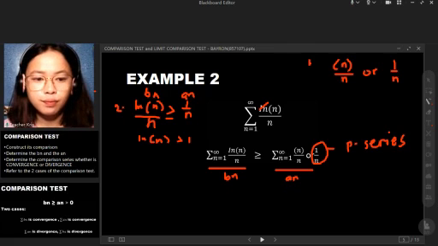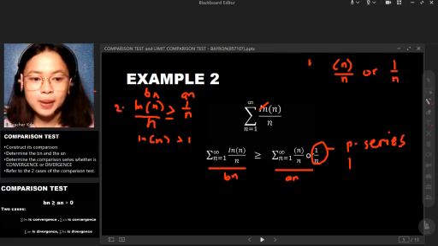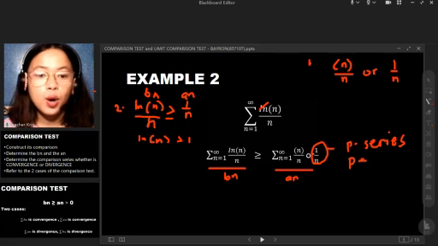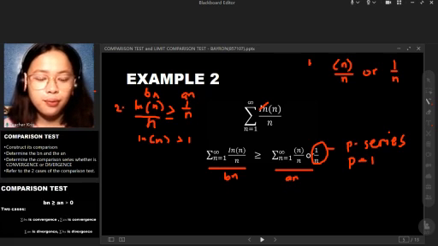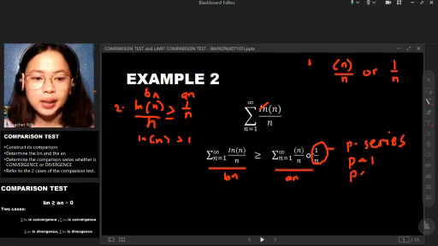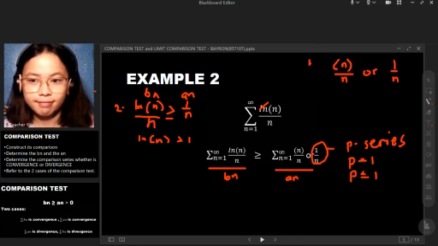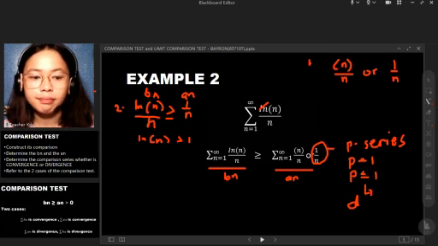So our p is equal to 1. So if the p is less than or equal to 1, this is divergence.